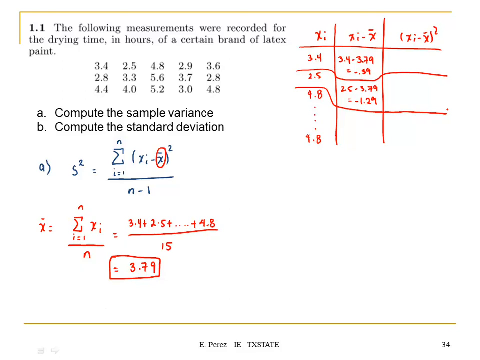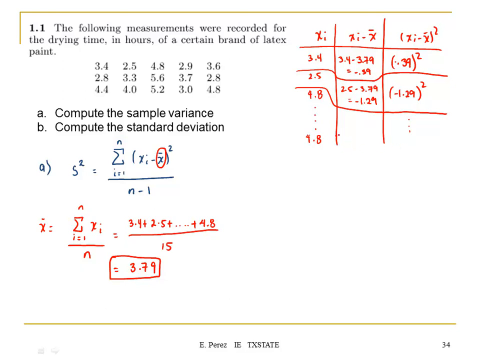Just look at the difference for each observation, and now you're going to square that difference. So this is 0.39 squared, and this one is minus 1.29 squared, and you'll do the same for all the observations.